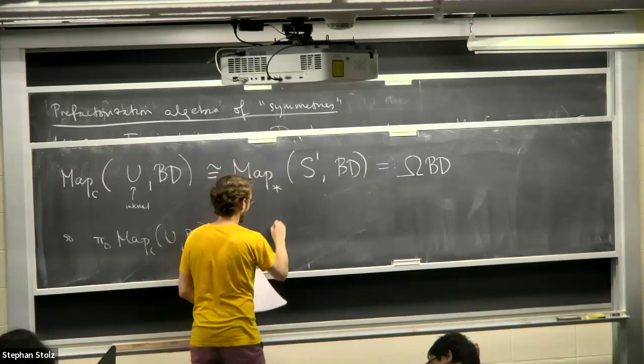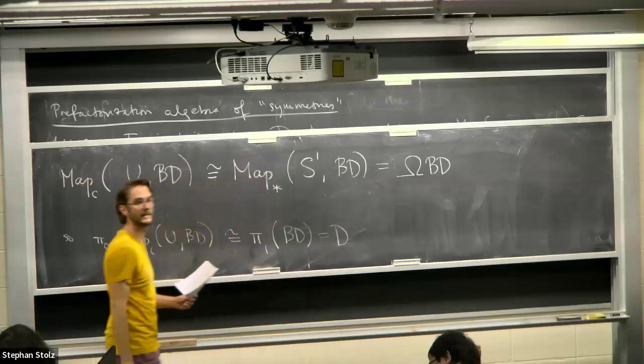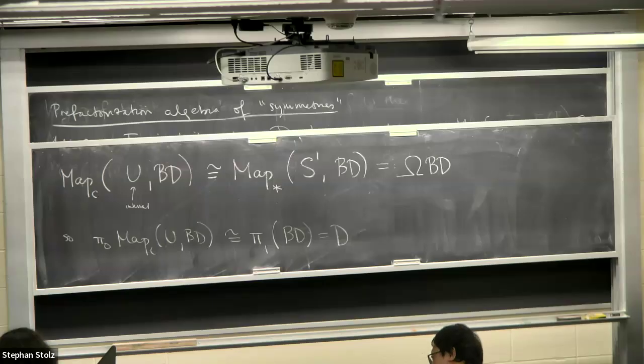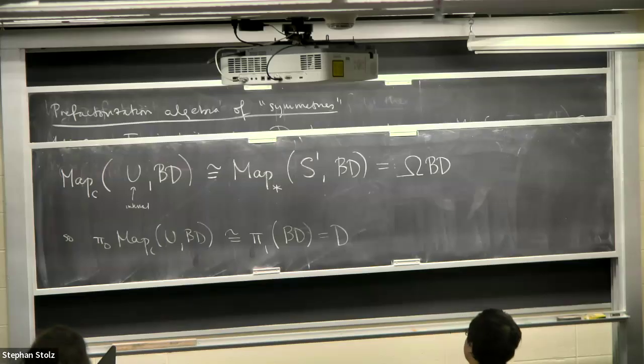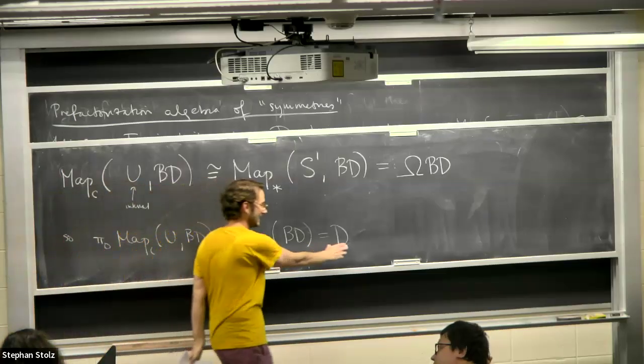So this is pi 1 of BD, which I've already told you is D. So in analogy with what we did before, I can imagine applying pi naught and going to the category Set, a composite functor. I just told you the value on an interval is the set D.